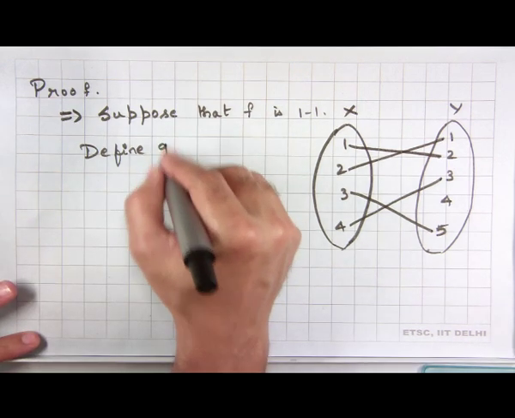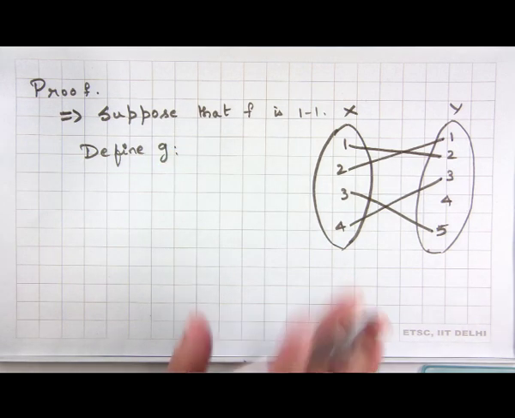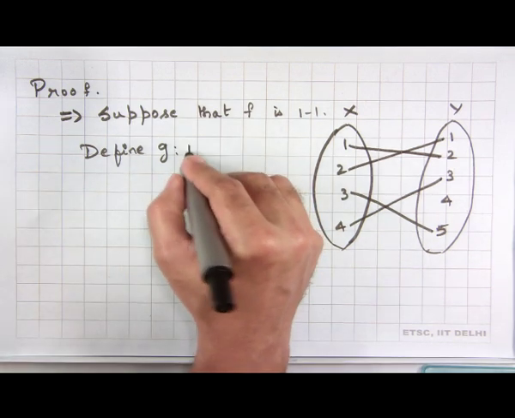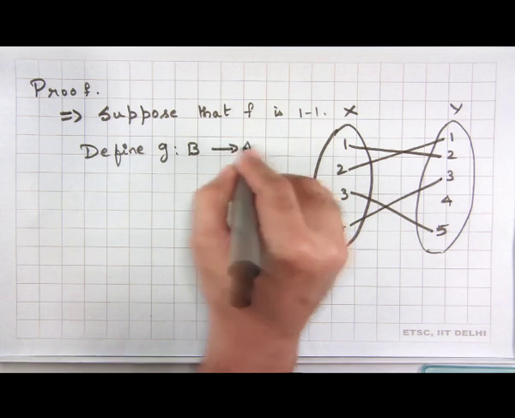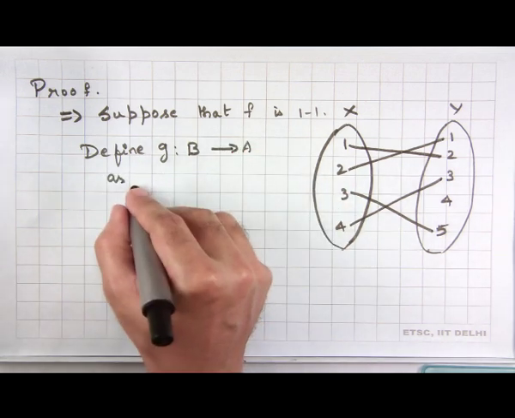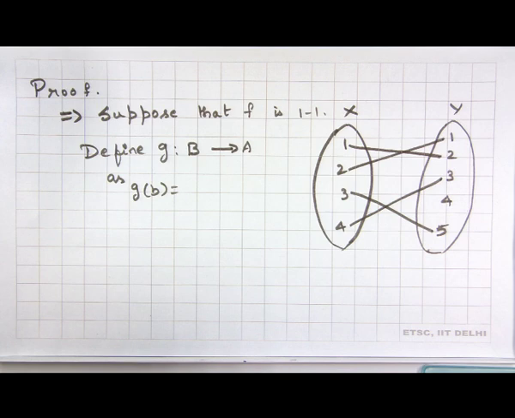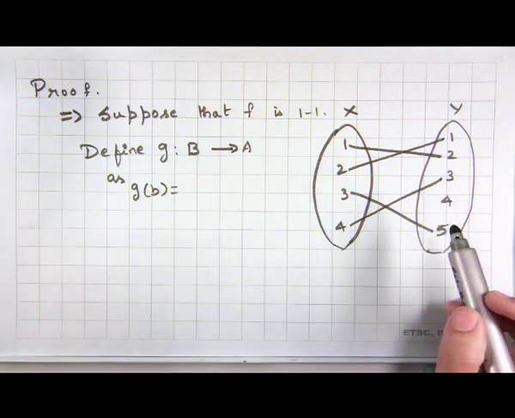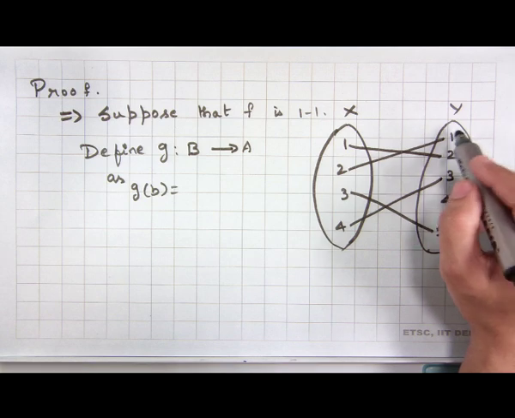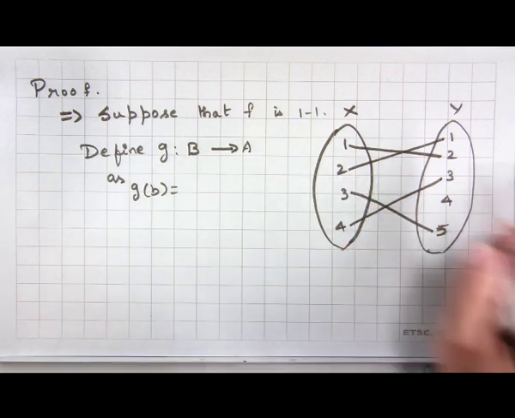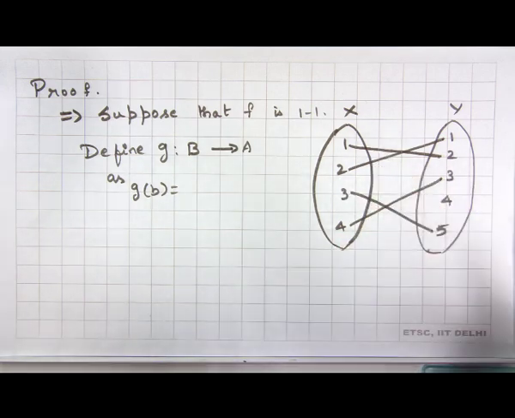Now, let us keep this example as our model and try to define what this g is going to be. G from B to A as follows: g of B. Now, if you look at this example, the natural choice for 1 in y is just 2, and similarly for 2 it is 1, for 3 it is 4 and for 5 it is 3.